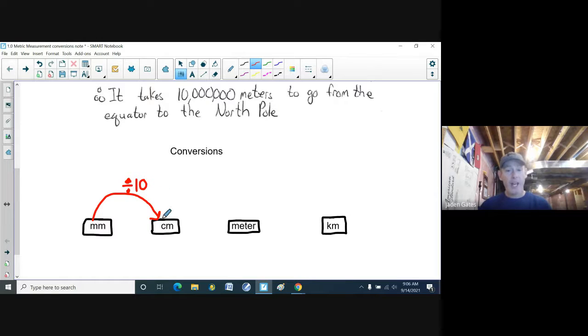Then when I go from centimeters to meters, I'm going to divide by 100. There are 10 millimeters in a centimeter, 100 centimeters in a meter, and 1,000 meters in a kilometer. So to go from meters to kilometers, we divide by 1,000.